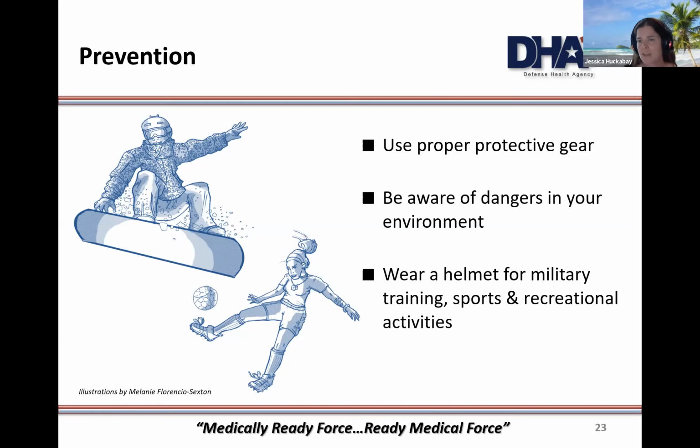These are all things that we inherently know, but we really need to make sure that we do those things in the moment. Check for obstacles or loose debris when climbing or walking.